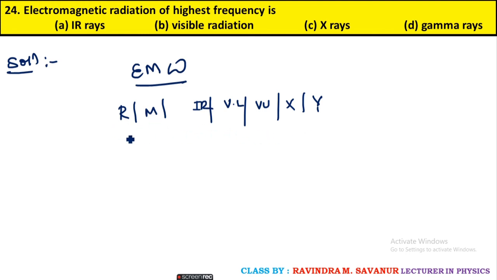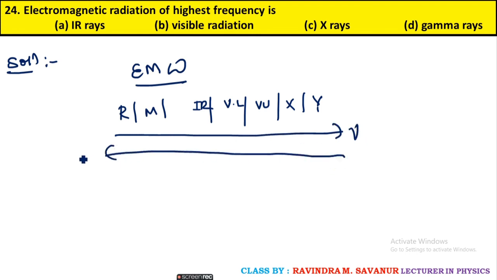If you move from radio to gamma, frequency will be more. From gamma to radio, wavelength will be more. They are asking for highest frequency, gamma. Gamma is the highest frequency. Option D. Yes, students, option D.